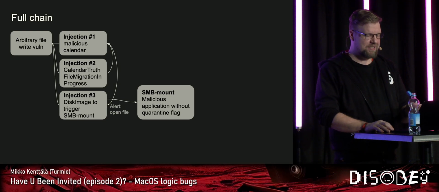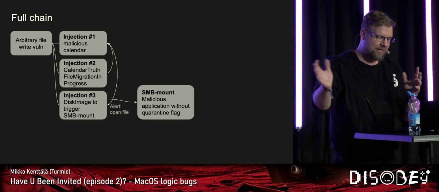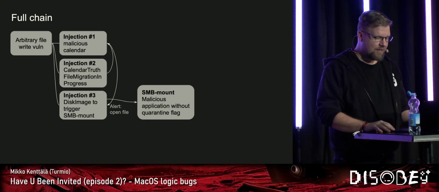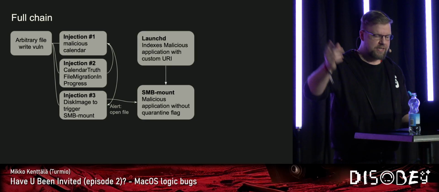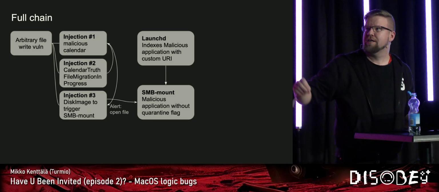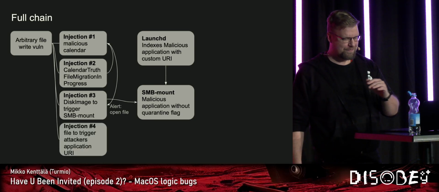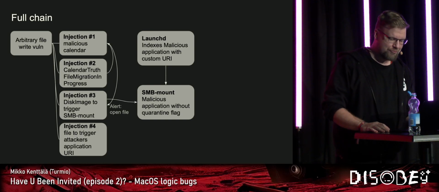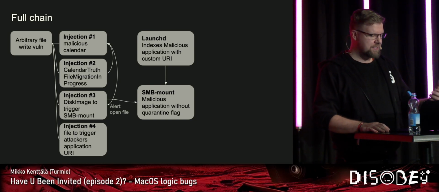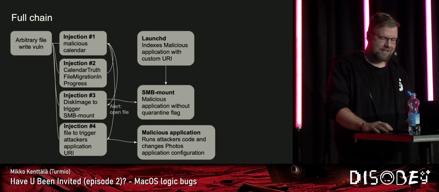And when the disk image is opened, now we have a Finder opened with that Samba mount. And when that's opened, launchd, which is running in the background, will automatically index our malicious application inside of that Samba mount. And in the fourth phase, we will trigger the new custom URL handler to open the malicious application.